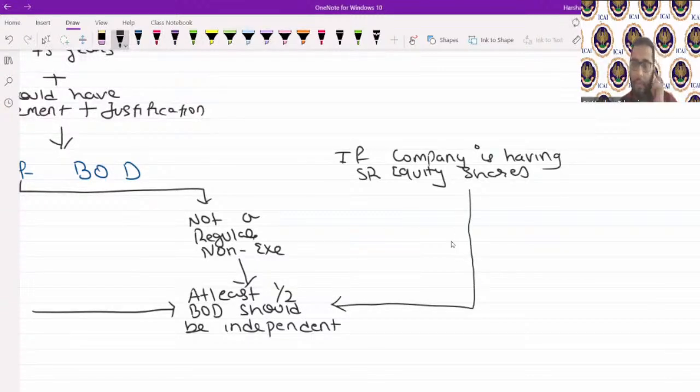Again, half of the board of directors should be independent. These are the things the auditor is required to check for the compliance. I hope I'm clear.